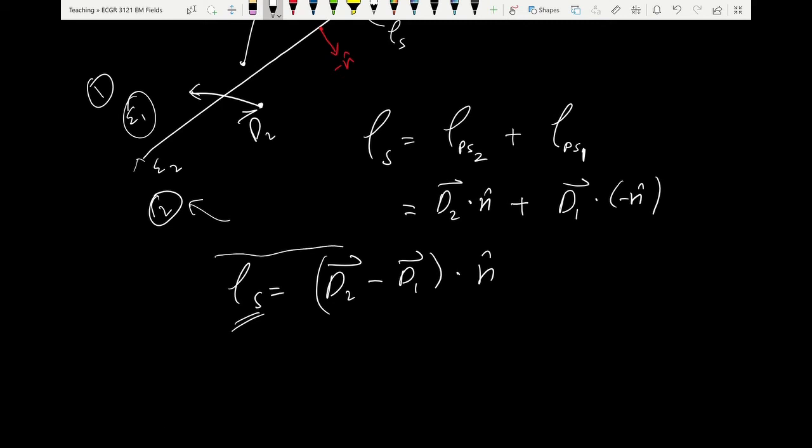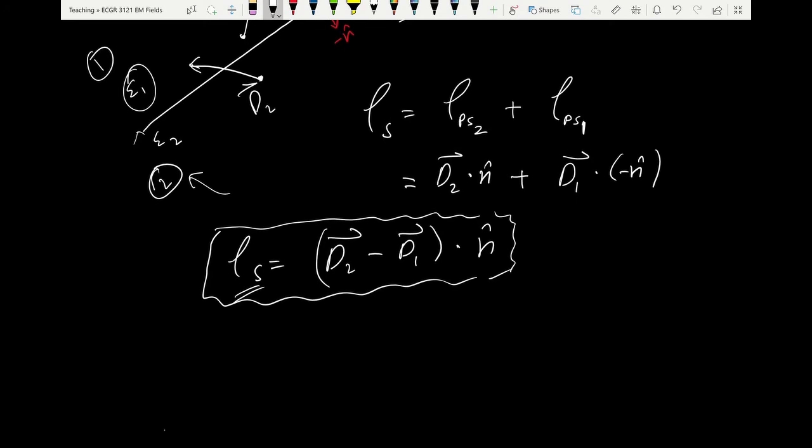This result gives me the interface condition, right? So I can ignore the tangential component, right? The tangential component dot n hat is 0, right? But the normal component is the component that gives me rho s. So the result that I get is that d2n minus d1n equals rho s. Okay.